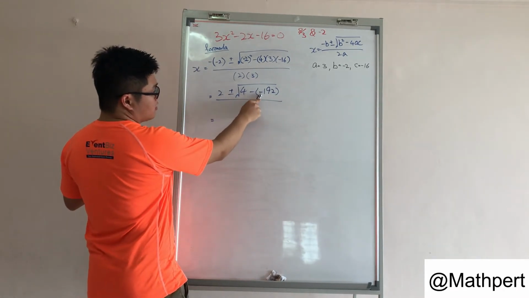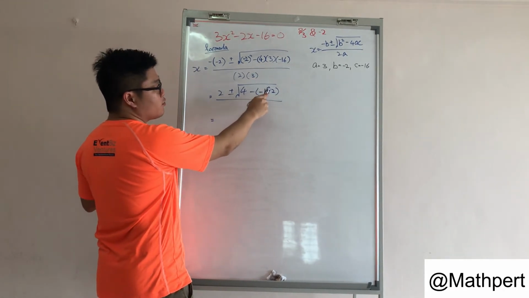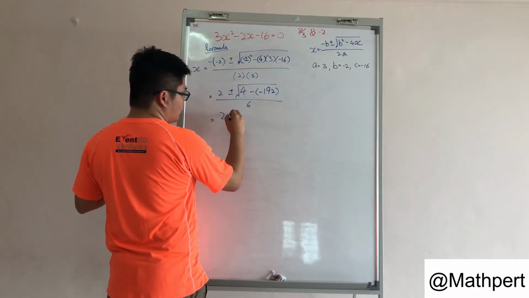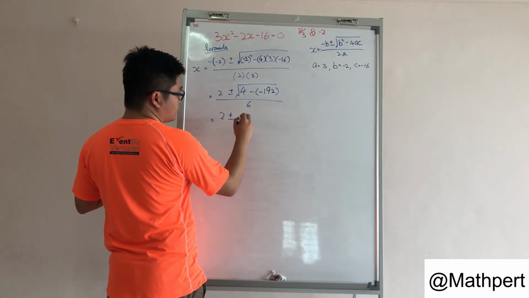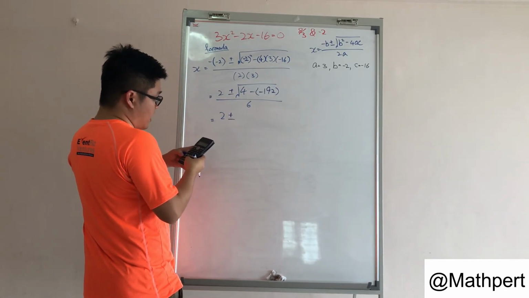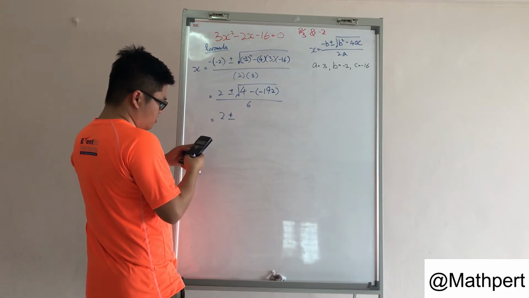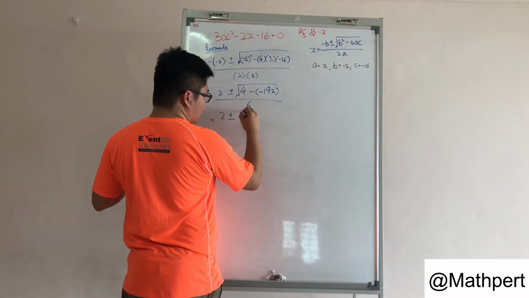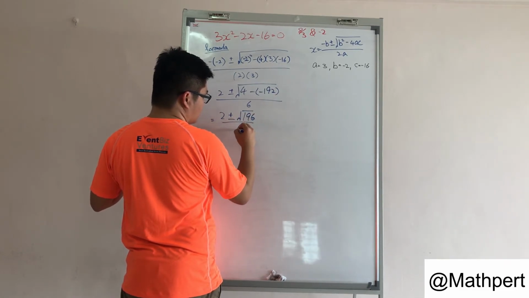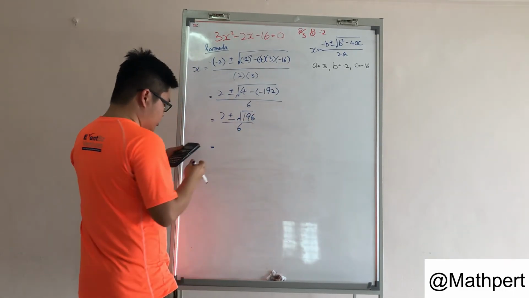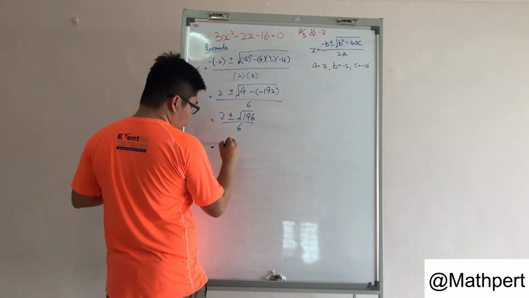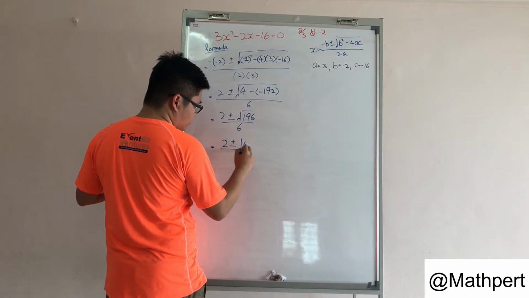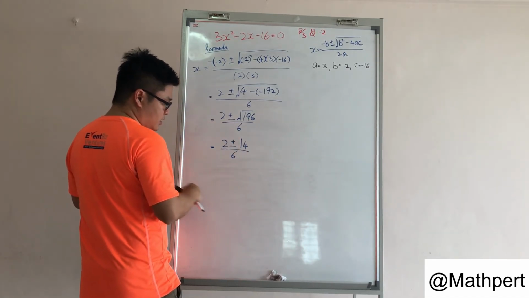So this one, negative multiply -192 will be positive. So remain 2 plus minus 4 plus 192 is 196. Square root 196 over 6. And square root 196 is also equals to 2 plus 14 over 6.